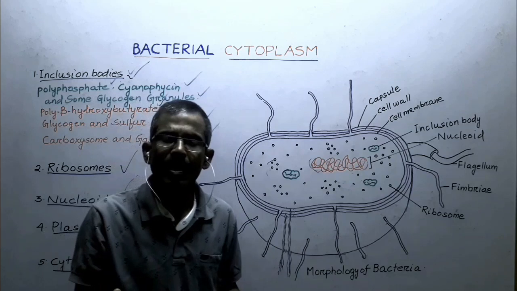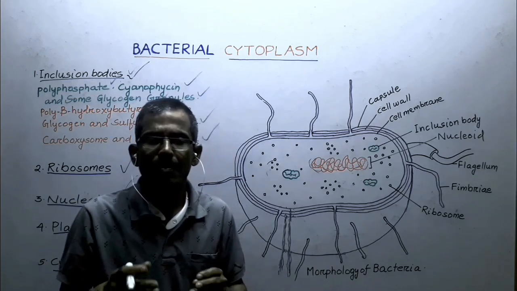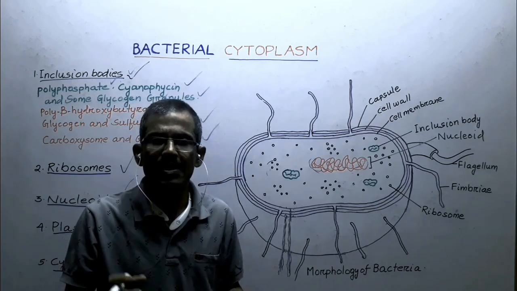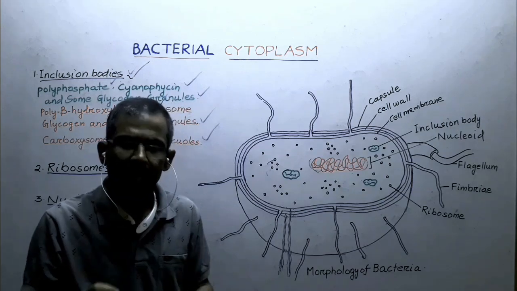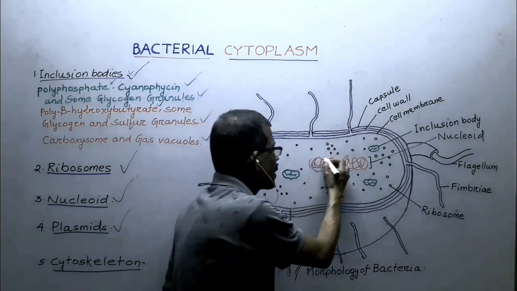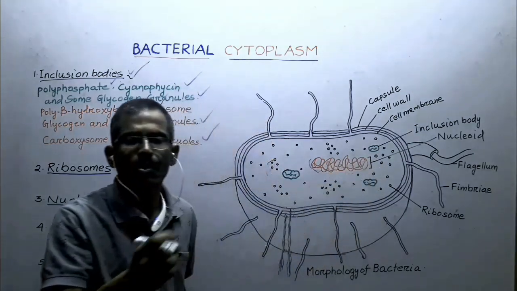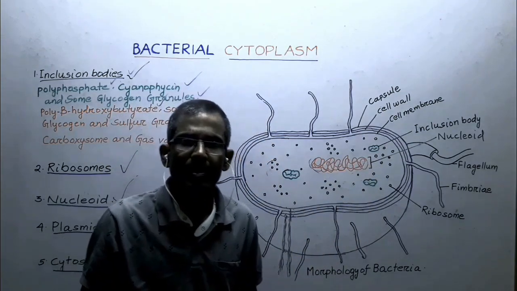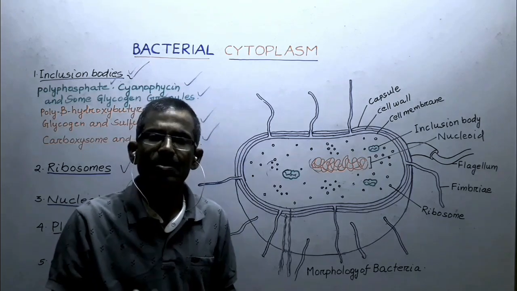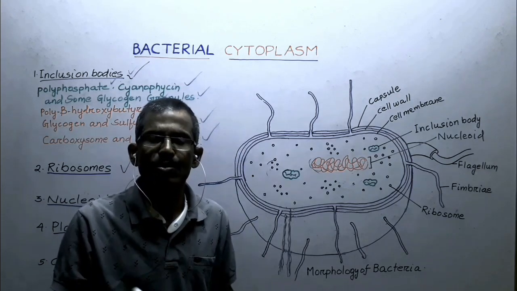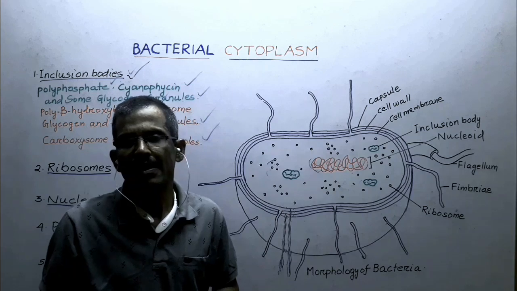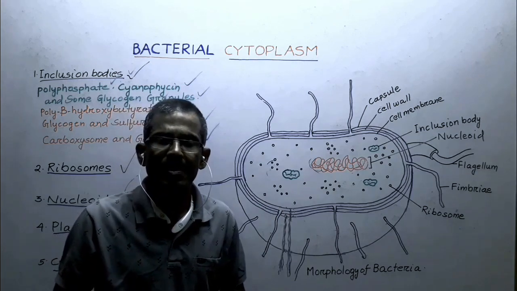Already you know that in bacteria a membrane-bound nucleus is absent, and the genetic material is located in an irregularly shaped region known as the nucleoid. The cytoplasm also contains numerous ribosomes, which are the site of protein synthesis.